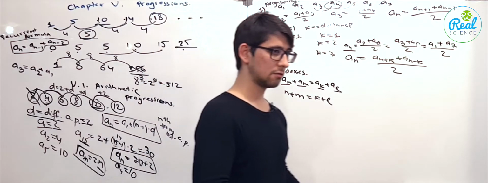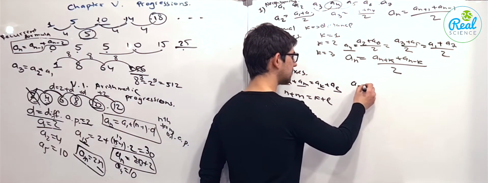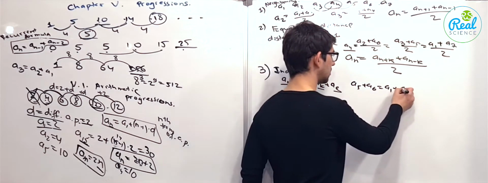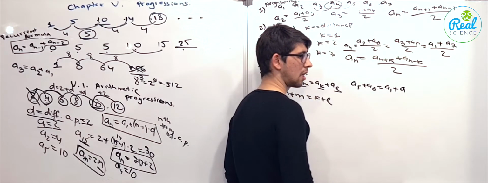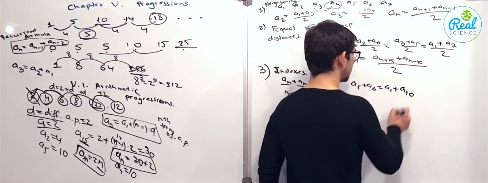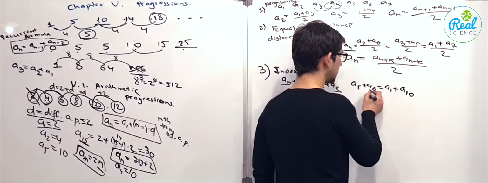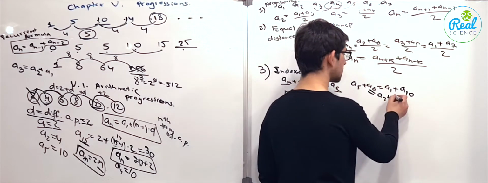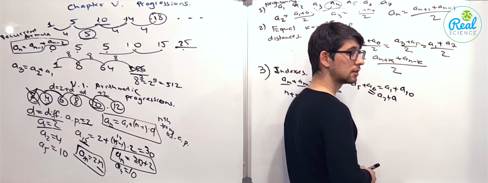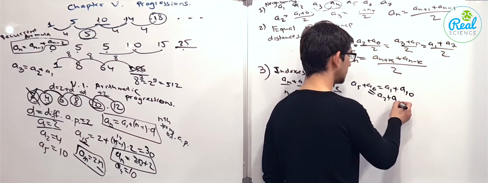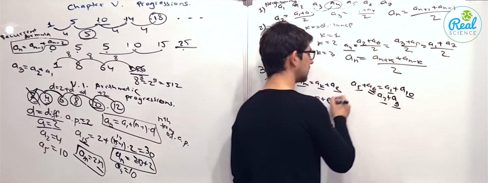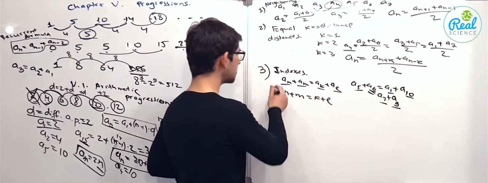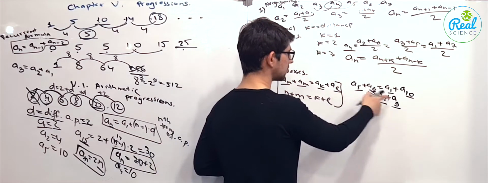For example, A5 plus A6 equals A1 plus A10, or you can say it will be equal to A2 plus A9, because the sum of these indexes is equal to 11. So this is the general formula, and this is a specific case.